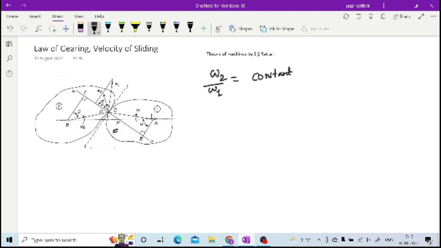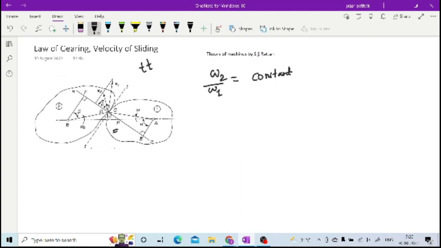Here this is your gear 1, this is your gear 2. Gear 1 has rotational velocity omega 1, and gear 2 has rotational velocity omega 2. Here TT is the common tangent, which has point C on gear 1 and point D on gear 2.